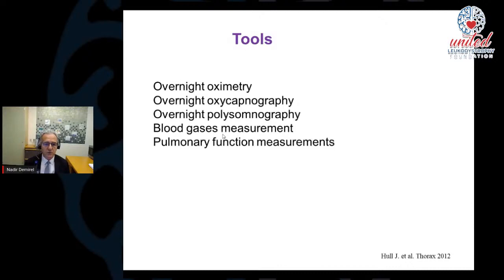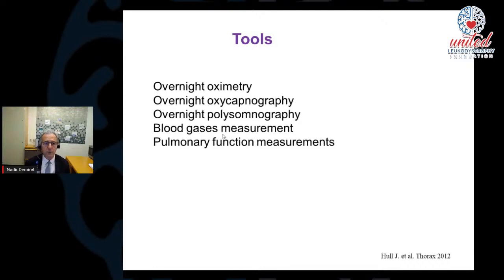Overnight oximetry is a wonderful tool because it's done at home, and it's pretty easy to do. It's painless and it doesn't cost a lot. The problem is that it measures oxygen levels and it doesn't measure carbon dioxide levels. So if someone has some hypoventilation that presents more with high carbon dioxide but less with low oxygen levels, you are going to miss that.